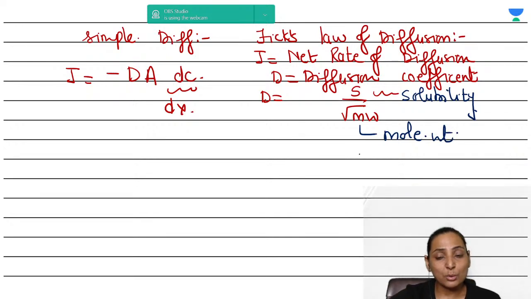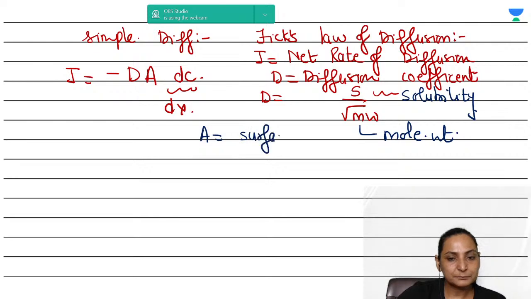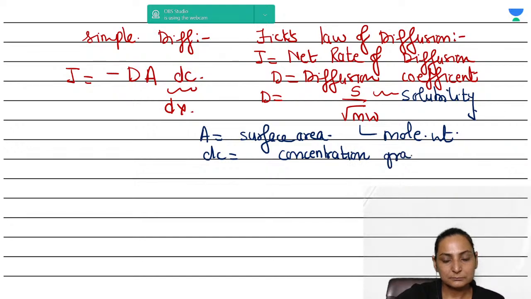Apart from that, it will also take into consideration the charge carried by the substance. A stands for surface area. dC is the concentration gradient. And dx is the membrane thickness.